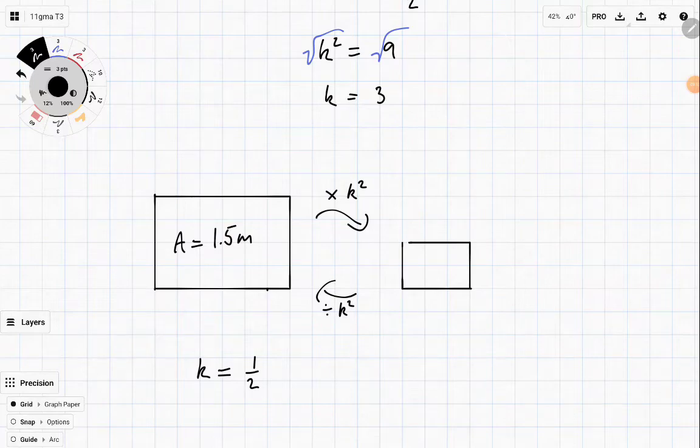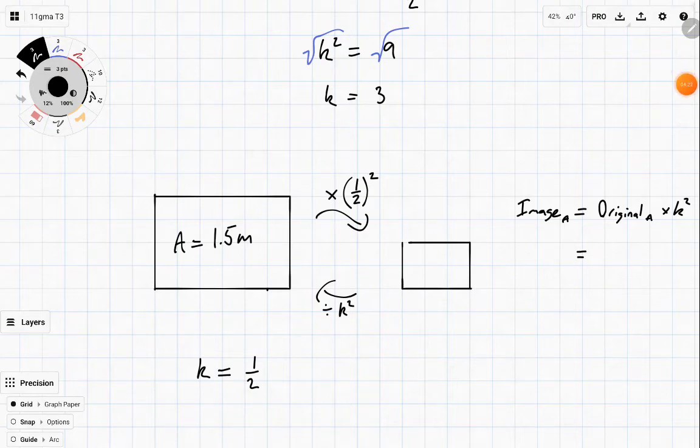So, in this case, k squared is going to be a half squared. Make sure whenever you use a half squared, you always put it in brackets. And it's going to be 1.5 times a half squared. So for the image, area is going to be equal to the original area times k squared, which is just that other formula rearranged.